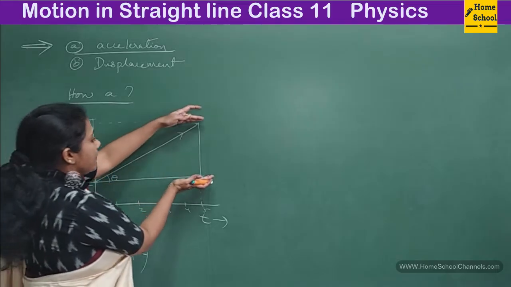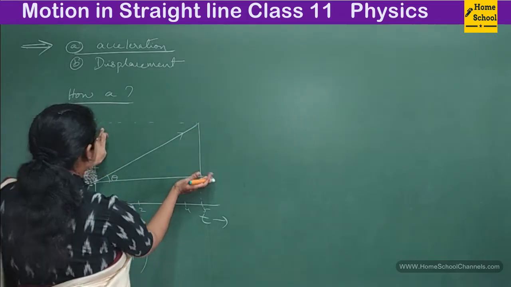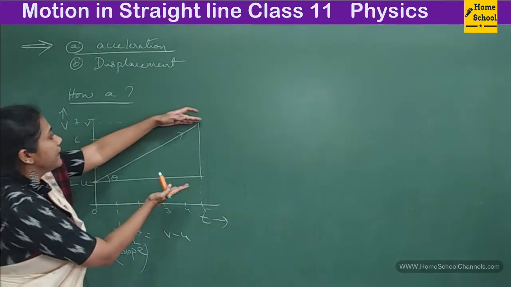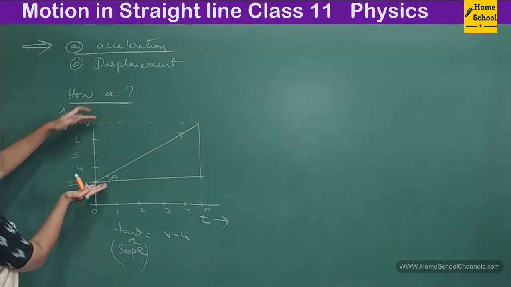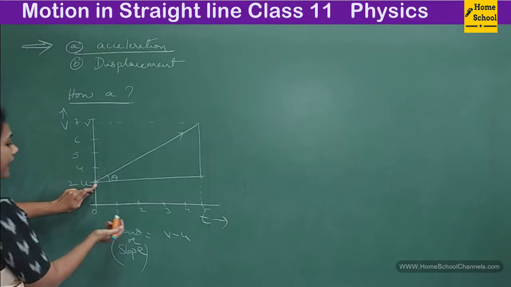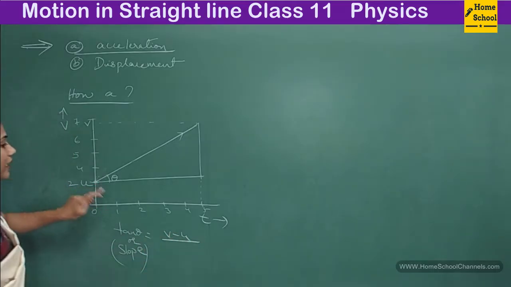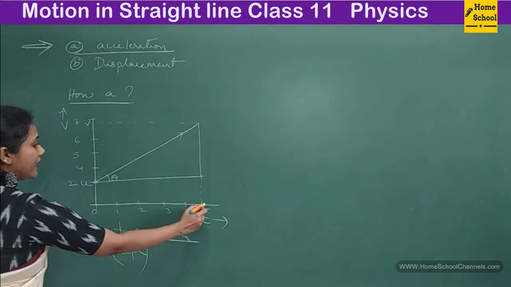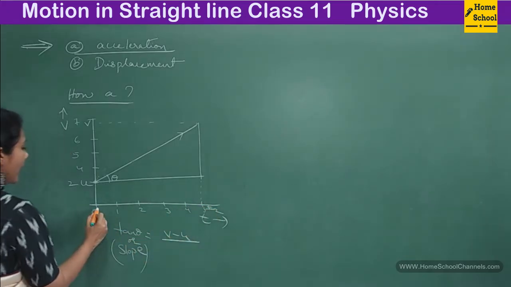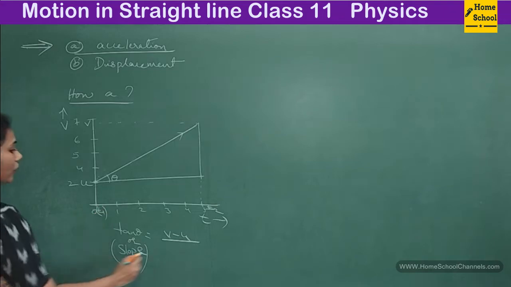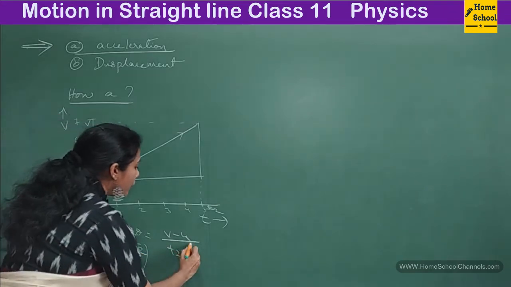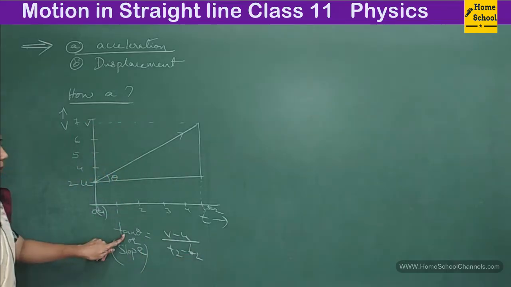So what is this? This is nothing but v minus u, right? So this value, final velocity minus initial velocity, divided by the time. Final time, let it be t2 and this one let it be t1, okay? So t2 minus t1 will give you the value of slope, right?